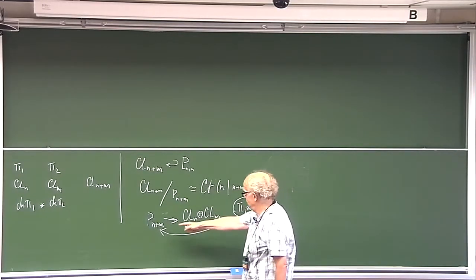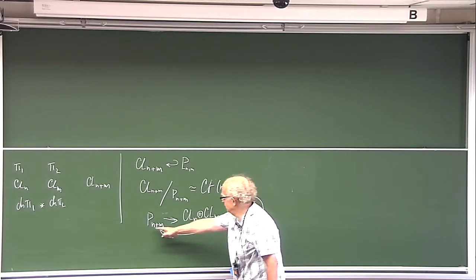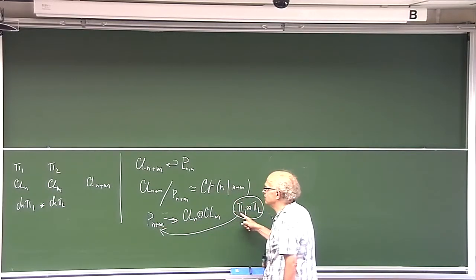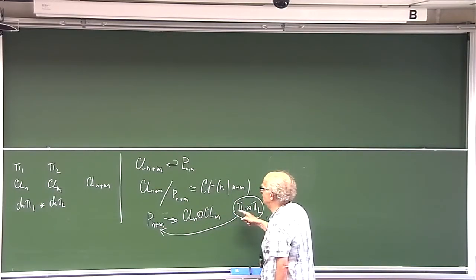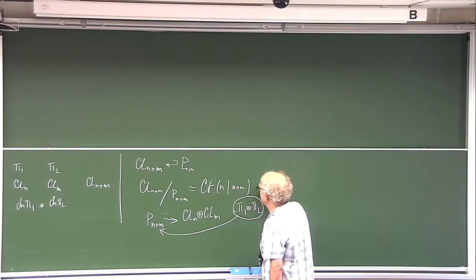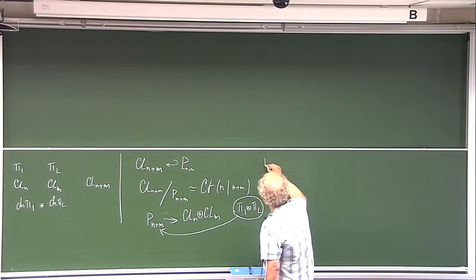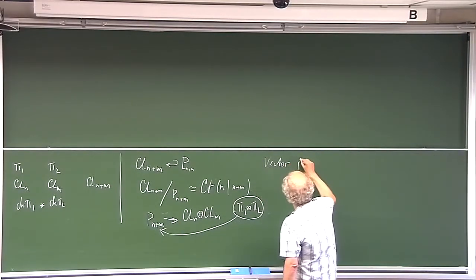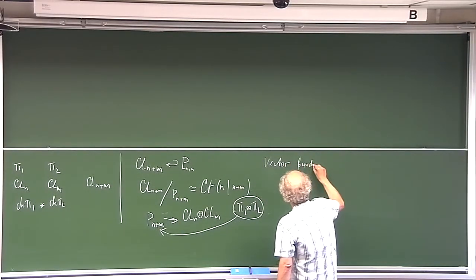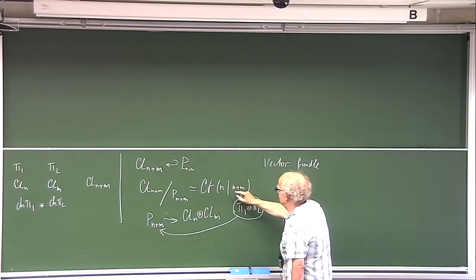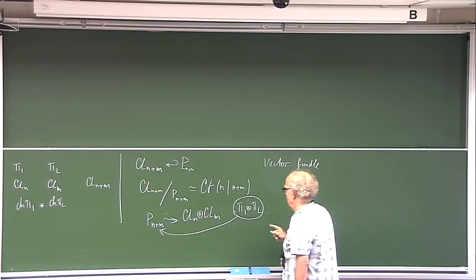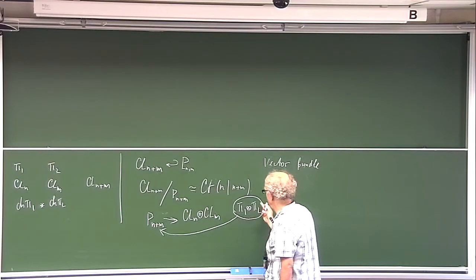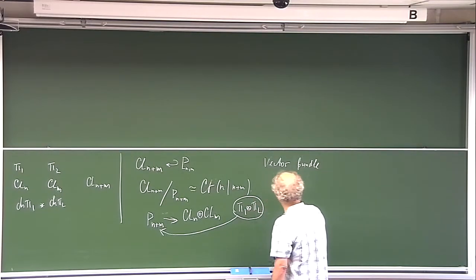If we have a representation of this group, by this way I can construct the vector bundle on this Grassmannian, a homogeneous vector bundle with fiber rho_1 times rho_2.